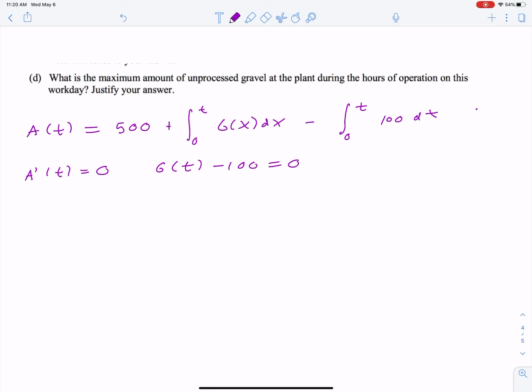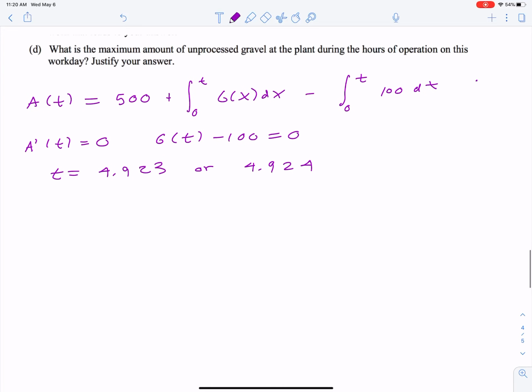I just took the derivative of that. Again, I don't really need to show all that, but I want to make sure you guys understand. So when I plug that into my calculator, I get that this occurs when T equals 4.923 or 4.924. Those are my critical values.